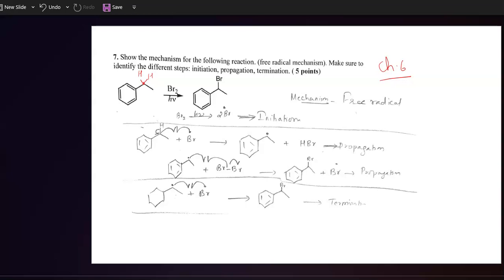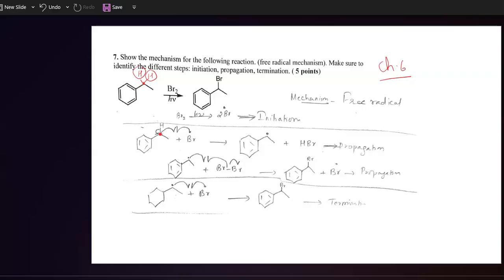Okay, so here the first step is initiation, where the bromine takes up light and forms 2 bromine radicals. In the next step, we drew half or fish-hook arrows, where the most stable free radical that will be formed is at this benzylic position. That's why the hydrogens at the benzylic position are targeted.